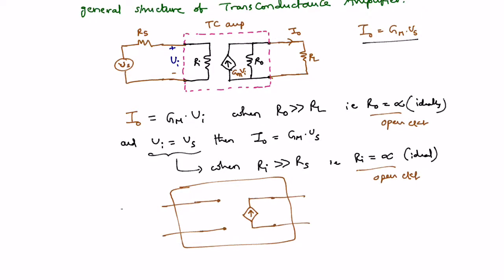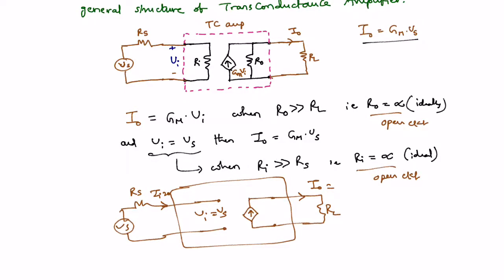If you connect a source Vs and a load RL, then Vi equals Vs, because the current flowing through Rs is 0, so there is no voltage drop across Rs.